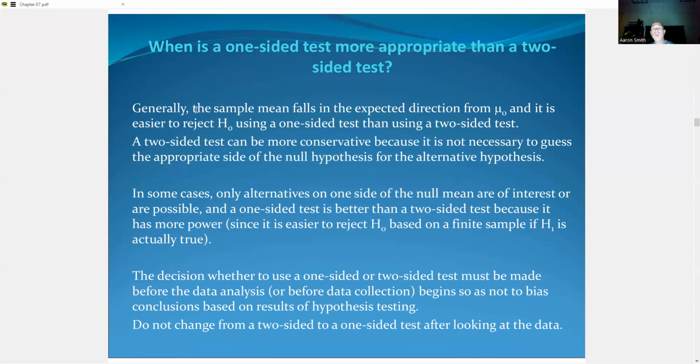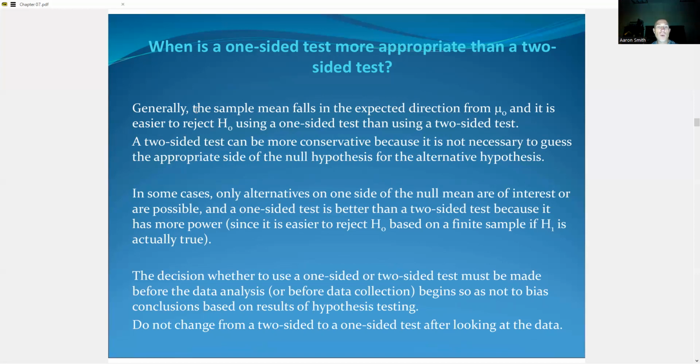In some cases, only alternatives on one side of the null mean are of interest or possible. And a one-sided test is better than a two-sided test because it has more power, since it's easier to reject the null based on a finite sample if the alternative is actually true.